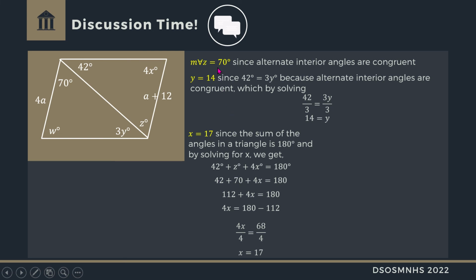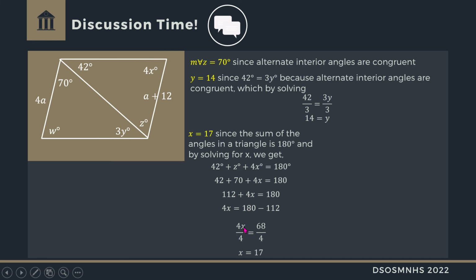Ganina, na-solve naman tani. Ang z is 70, no? So, 70. Plus 4x equals 180. So, i-add ang 42 ug 70, that is 112. Plus 4x equals 180. To solve for x, pabilin ang 4x. Then write equals 180 minus 112, 68. 4x equals 68.